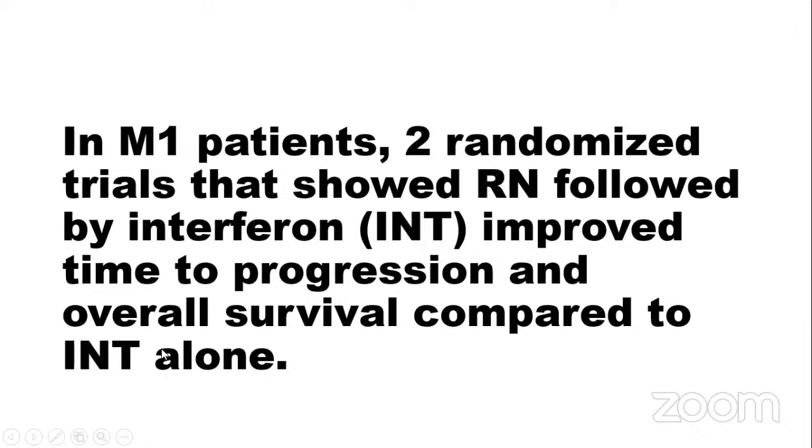Radical nephrectomy is followed by interferon, which improves the time to progression first, and then overall survival. So if we do radical nephrectomy and interferon together, this will improve time to progression and also overall survival compared to interferon alone.